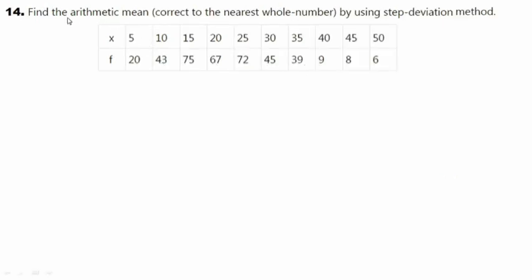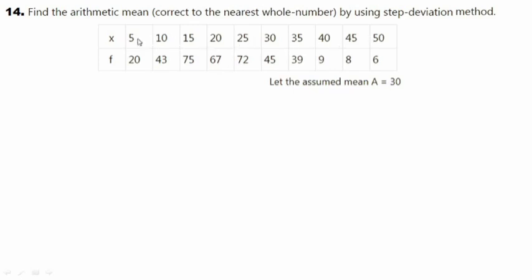Next, a very important question: find the arithmetic mean correct to the nearest whole number by using the step deviation method. I'm sure you remember what the step deviation method is. In this method, you need to take an assumed mean, which is almost a mid value.